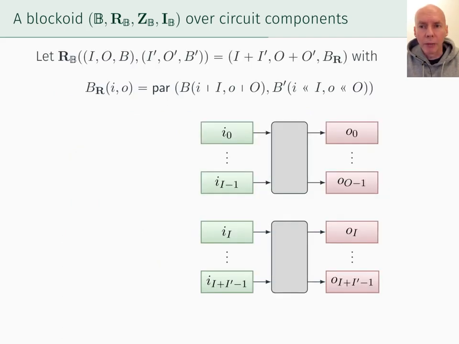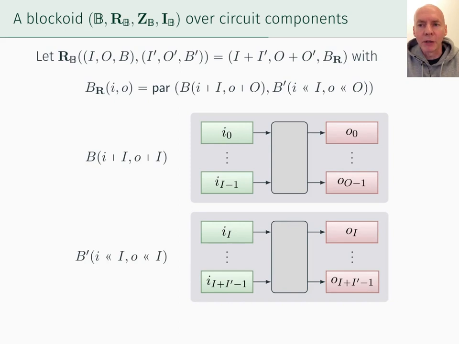RACB is a binary operator, so it takes two blocks. The arities of the resulting block are given easily enough as the sums of the arities of the given blocks. The function br associated with the resulting block takes its arguments little i and little o, and it feeds the first part of those arguments into the function b associated with the left operand to RACB, and it feeds the rest of those arguments into the function b prime associated with the right argument to RACB.